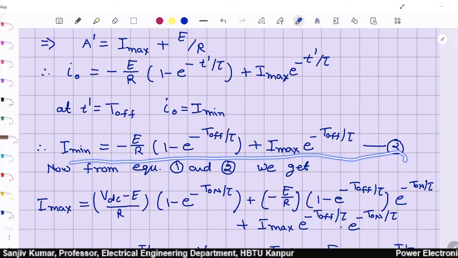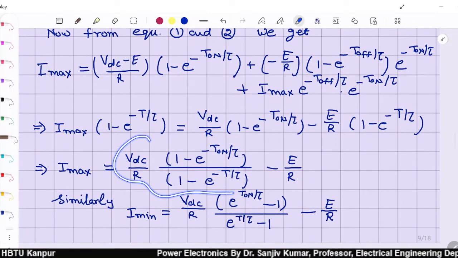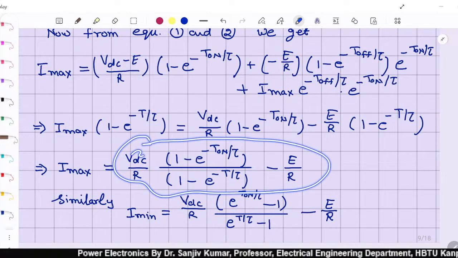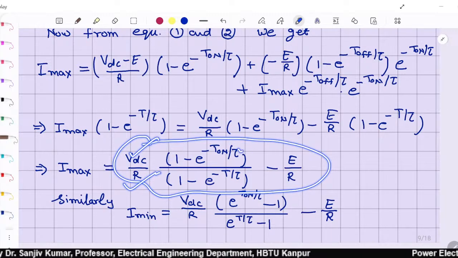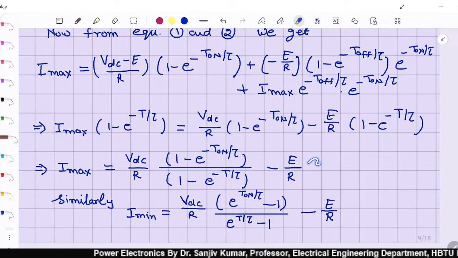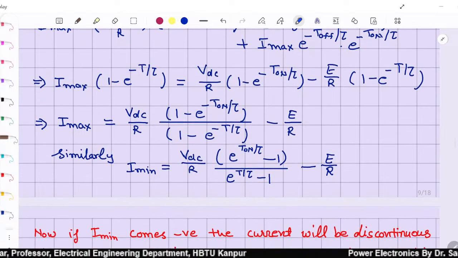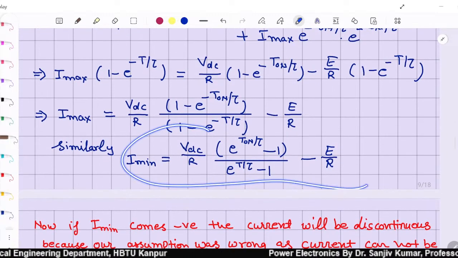Now from equation number 1 and 2, we can find out the value of I max in terms of supply voltage, circuit parameters like R and L by R, that is tau, and the switching period T, and the duration of on period, or you can say the duty cycle, and back EMF E or DC voltage E. Similarly, I min comes out to be this.